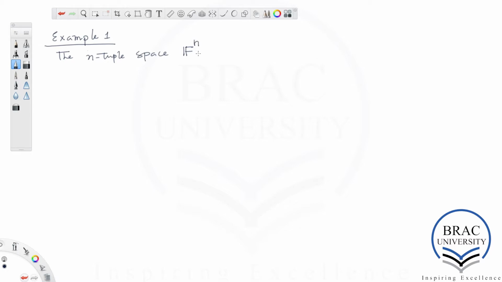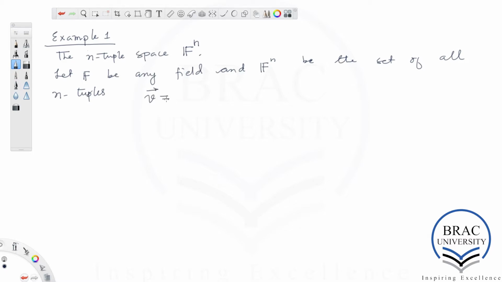Okay, let F be any field and F to the n be the set of all n tuples denoted by V1, V2 all the way up to Vn.